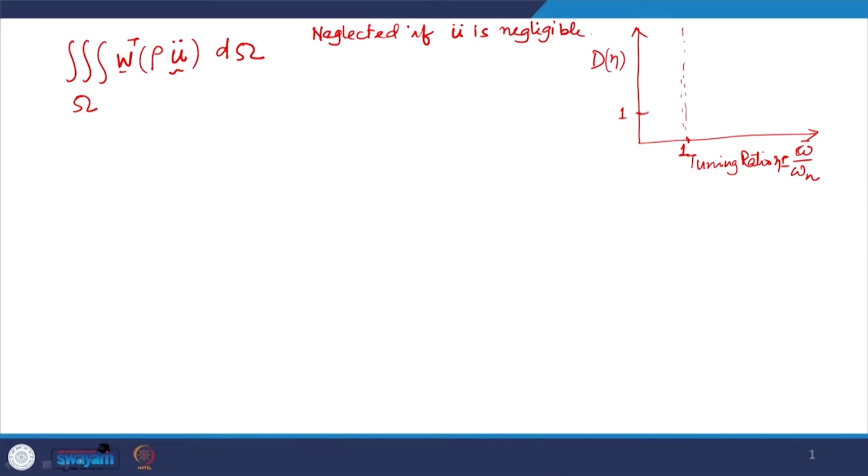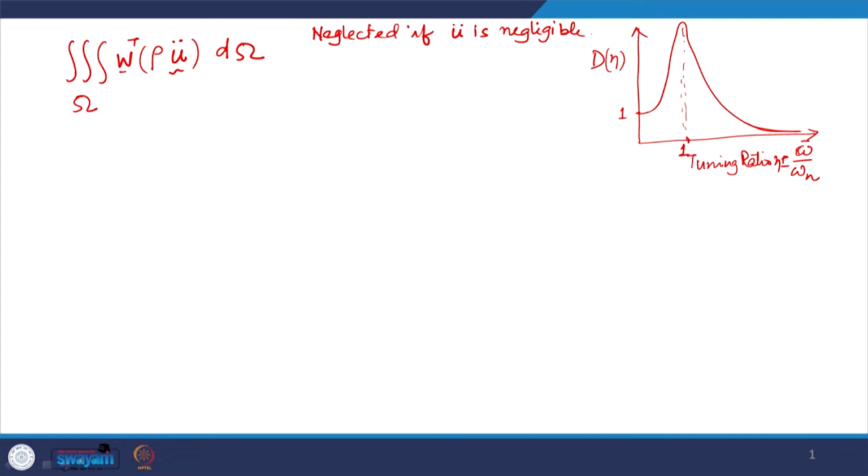Typically it is something like this. The dynamic amplification varies something like this.